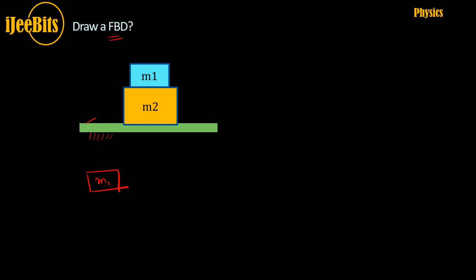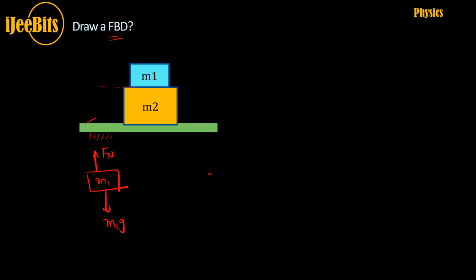The surface contact is this much, right? So m2 shows a normal force on m1 in the upward direction. This is called your Fn, whereas downward is m1g. So the FBD for m1 would be this much.